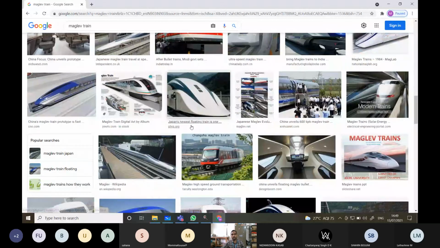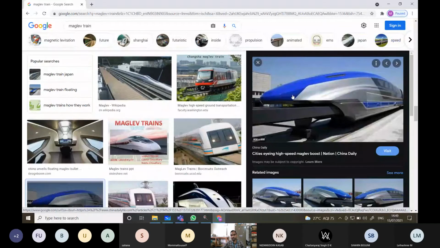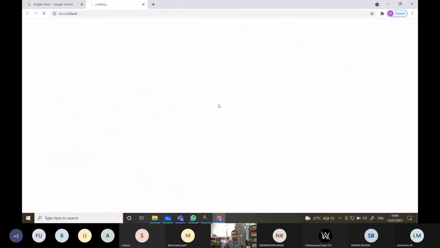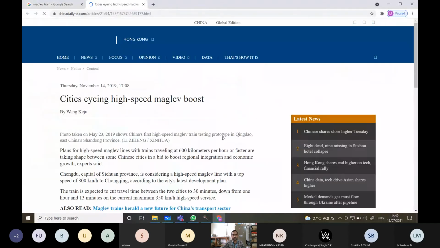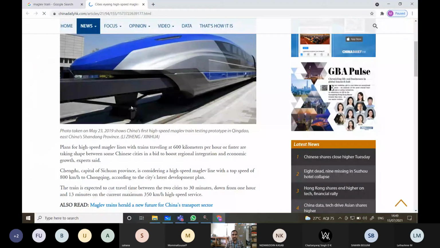These are the high speed trains. Look here, there is a gap between the track and the train.